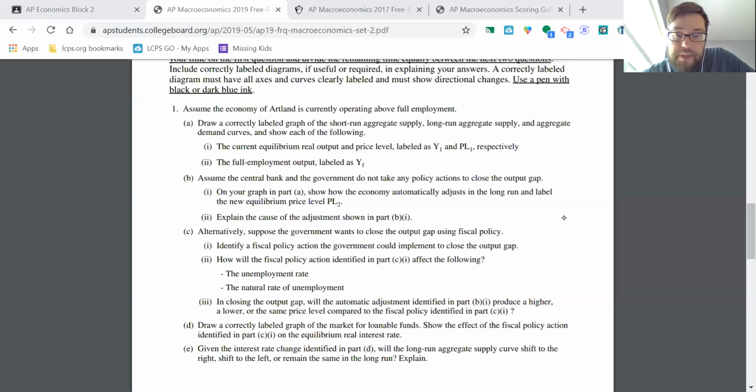Part E, given the interest rate change identified in part D, will the long run aggregate supply curve shift to the right, shift to the left, or remain the same in the long run? Okay, so again, this is an economic logic question. We know from what we just did, interest rates are decreasing, right? So what happens when interest rates decrease? Well, you get higher investment. Investment is interest rate sensitive.